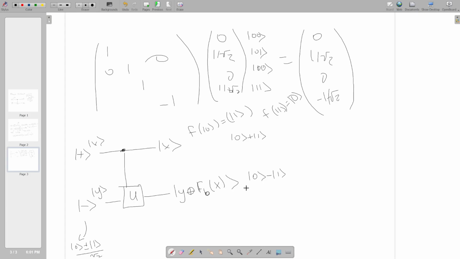So then we have the top part, which is 0 plus 1. And then we have the bottom part, so we have 0 XORed with f of 1, 0 plus f of 1. I'm just writing this out.